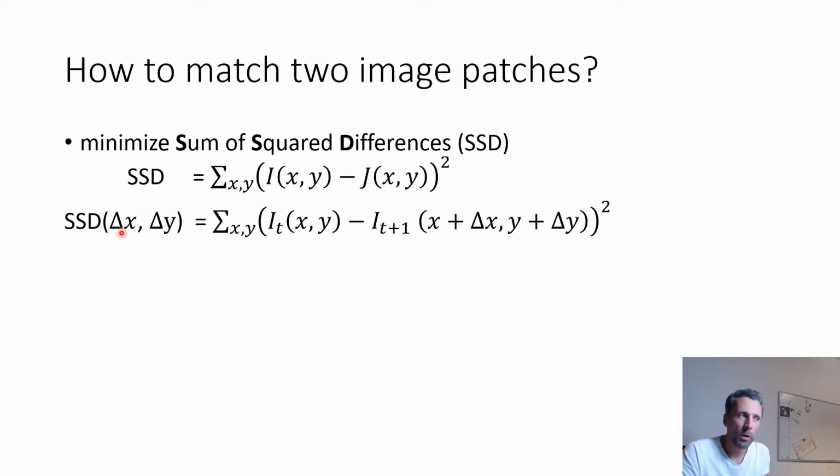What we really want to do is find delta x and delta y, the motion vector of that little window within I. We iterate over all the x and y positions within that window, and we add this displacement for the consecutive frame, which basically means we shift that window. We take those differences, square these, and sum these up, and we have our SSD.